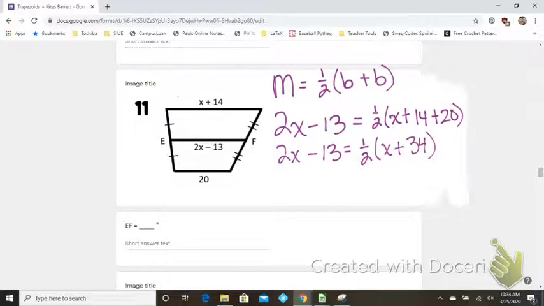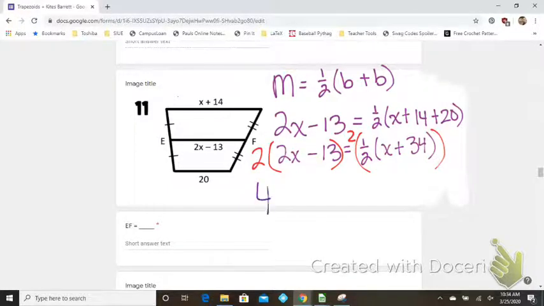Either you could distribute the 1/2 into the parentheses, or you can multiply both sides by 2. Personally, I like to get rid of the fraction, so I'm going to multiply both sides by 2. But when I do that, I have to make sure that I distribute the 2 on the left side.